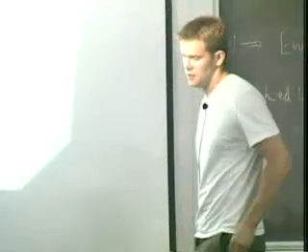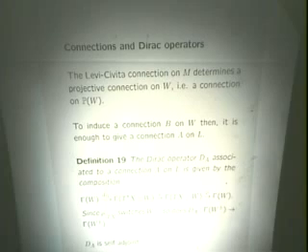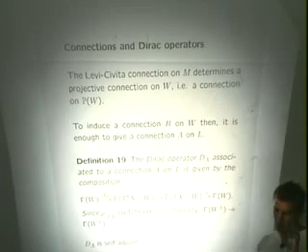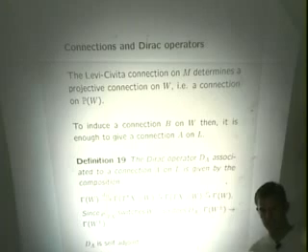And to set up the equations, we need to be allowed to differentiate, and the right way to differentiate in these Clifford bundles and spinor bundles is with the Dirac operator. So the Levi-Civita connection, I'm just working on the tangent bundle now. The Levi-Civita connection tells you how to parallel transport in the tangent bundle.